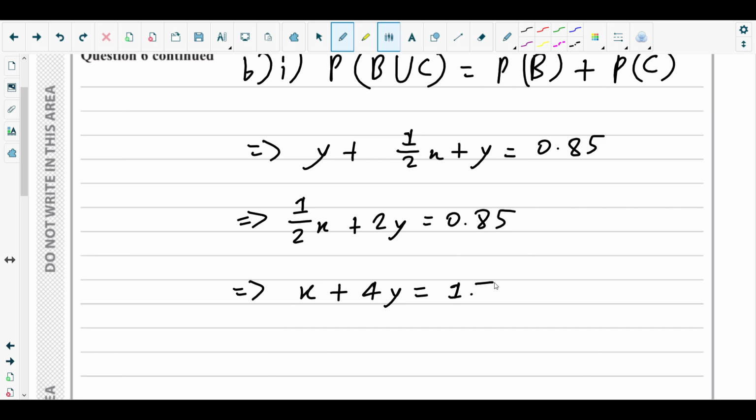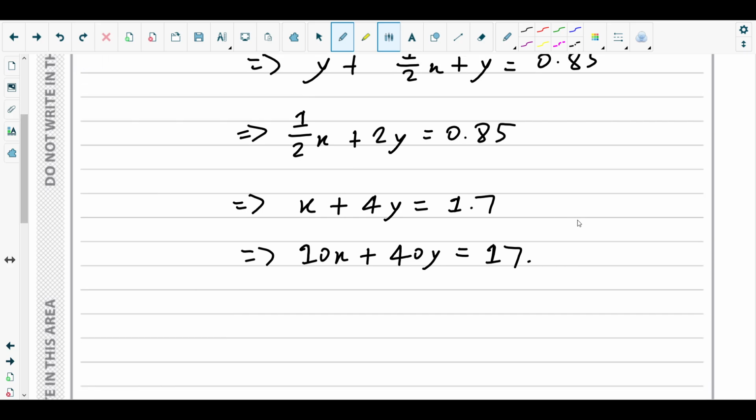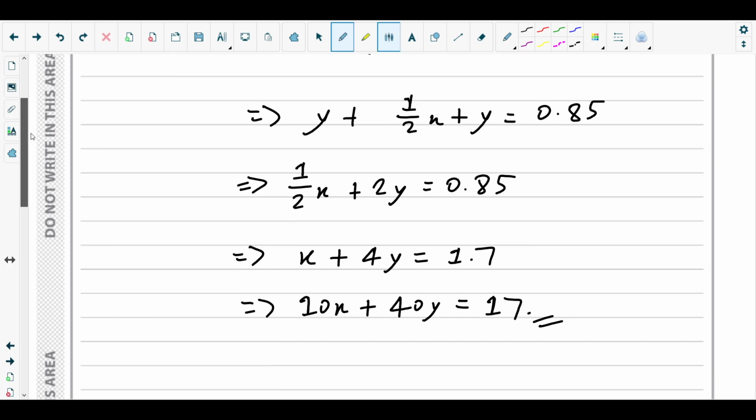Now you can multiply both sides by 10, so you will get 10x plus 40y equals 17. I multiplied both sides by 10 to remove the decimal. So this is the second equation in terms of x and y.